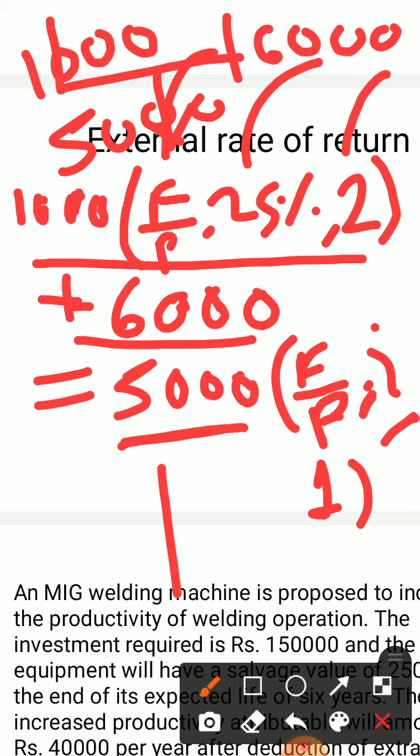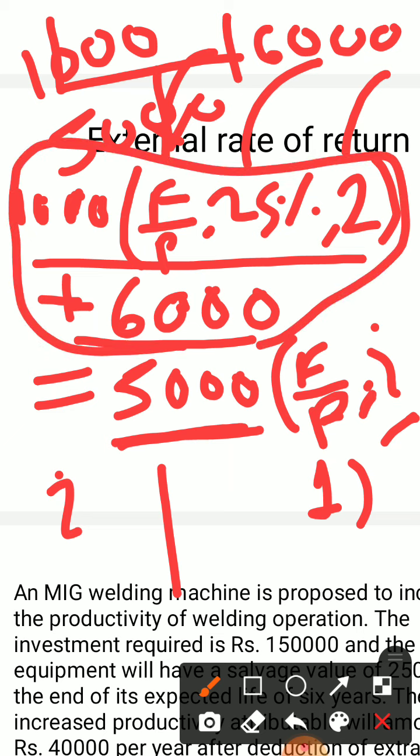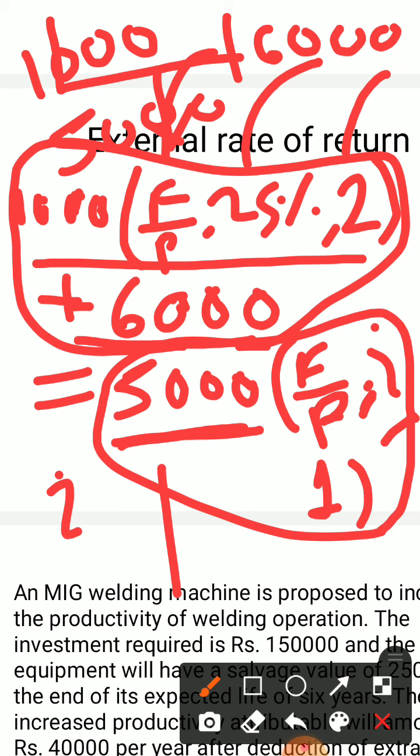in this equation 1,000 is invested for 2 years, 6,000 after 2 years, and this 5,000 is an expense. For this 5,000, what interest rate I should I select so that this cash reinvestment equals the cash expenses?